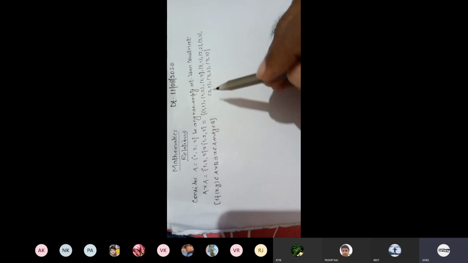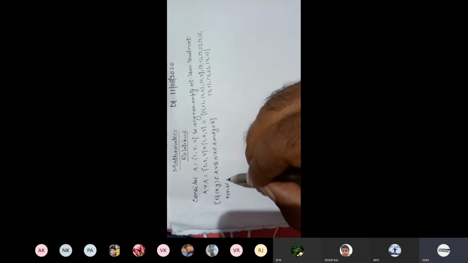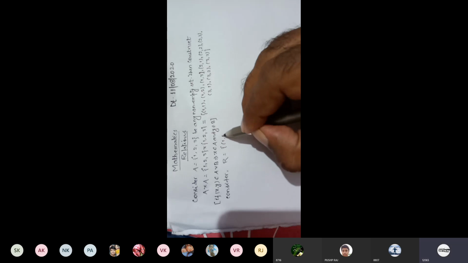Now consider a set R whose elements are 1, 2, 2, 3, 1, 3.